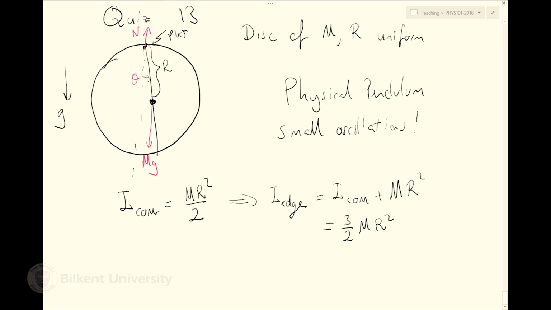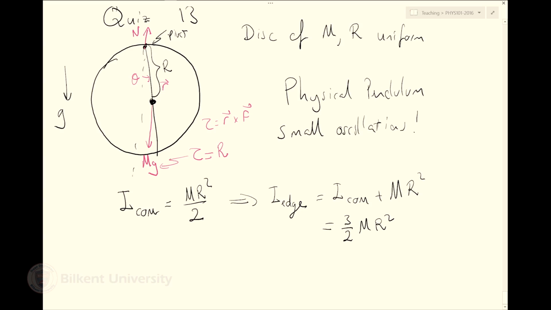So what do I need to do? I need to calculate the torque due to mg. What's the torque due to mg? It was r cross F, right? Torque is r cross F. So here the distance would be my r vector also. The magnitude of the r vector would be r.